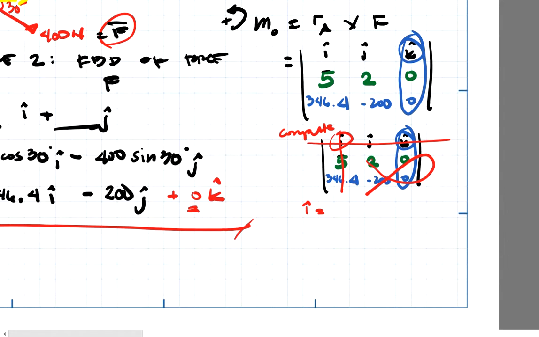As you can see, this is equal to 0, because 2 times 0 is 0, minus 0 multiplied by negative 200 is 0, so this part is just 0. And the same with the J component. If we cover this part and do this, you can see that 5 times 0 is 0, and 0 times this number is 0, so our J is also 0.